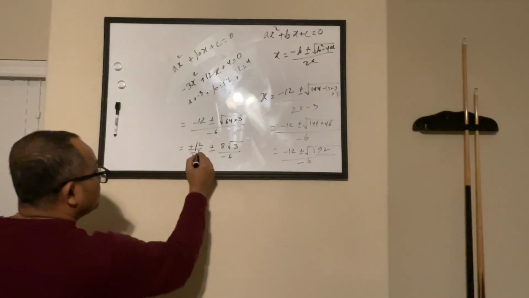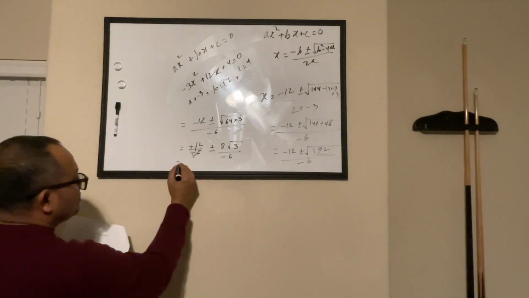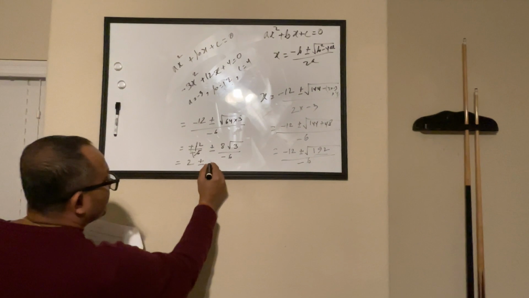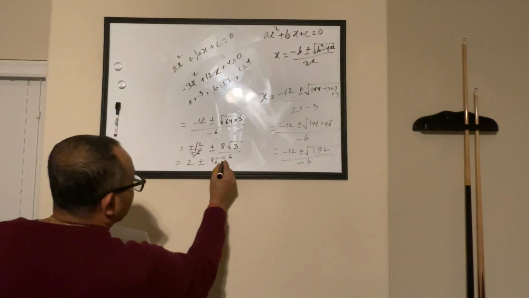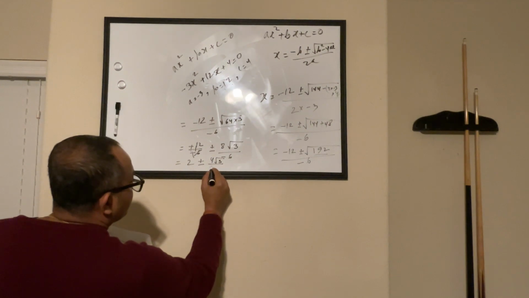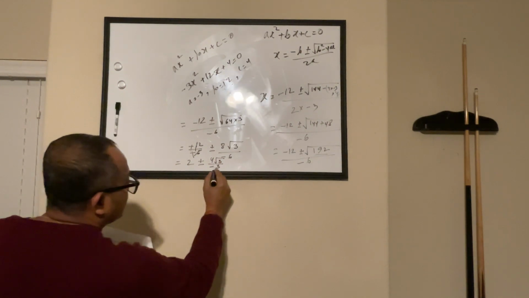This becomes 2 plus minus 4 times square root of 3 by 3.